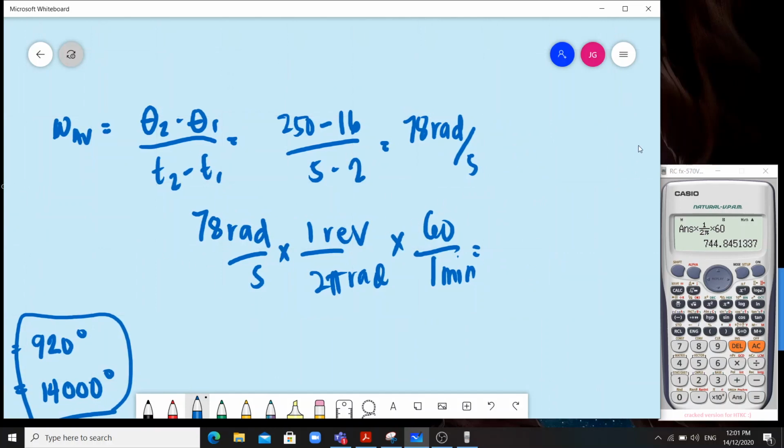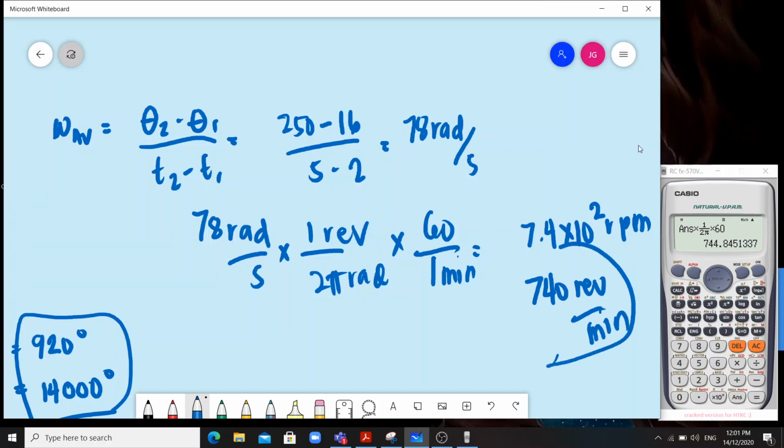So 78 becomes 7.4 times 10 raised to 2 RPM, or 740 revolutions per minute.